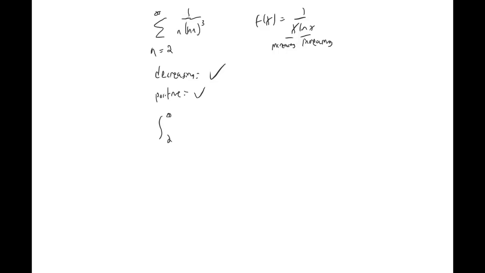Now I claim we are done. Does anyone recognize this? You did this before on your homework. In fact, on your homework the 2 doesn't matter, but you checked something else. There was a p there, right? What was the result? This converged for p what? What was the condition?